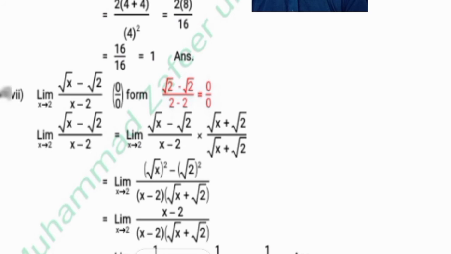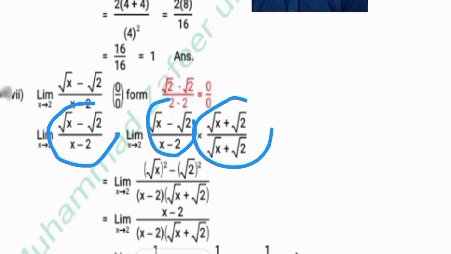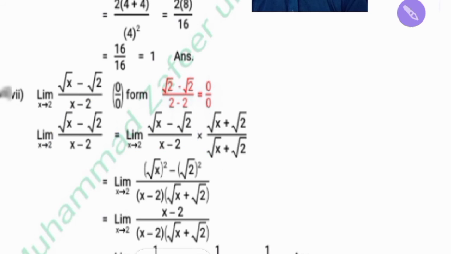So we have to change the sign, that is minus, we have changed it to plus, and we will multiply and divide with square root x plus square root 2, that is rationalization. Square root x minus square root 2 and x minus 2 will be written same, and the limit will be written same.